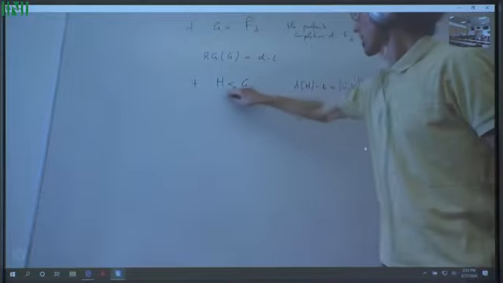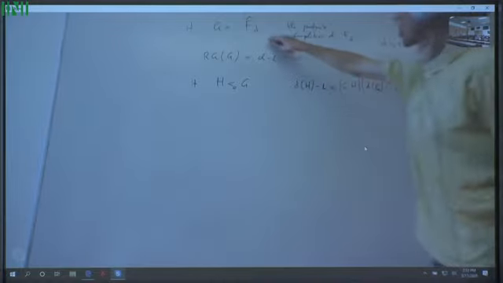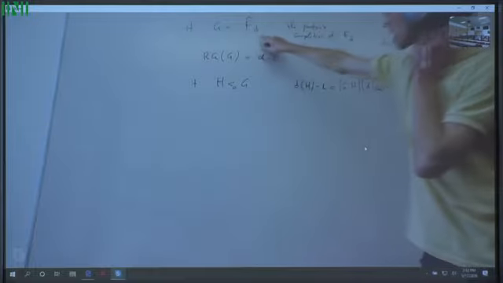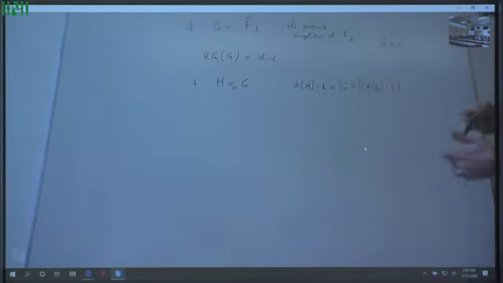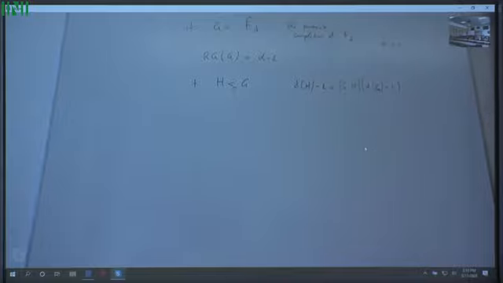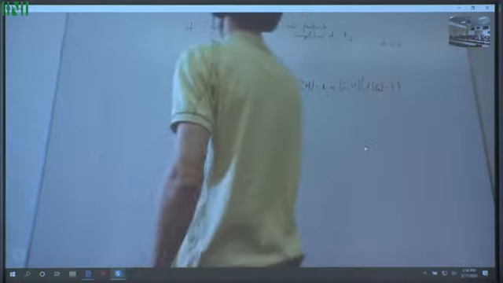Any open subgroup H of G is a free group of precisely this rank. Because you can always intersect with the dense free group F_d inside, and then use the Nielsen-Schreier theorem for abstract free groups. So we have this equality when G is a free group. And we can ask, does this characterize free groups?